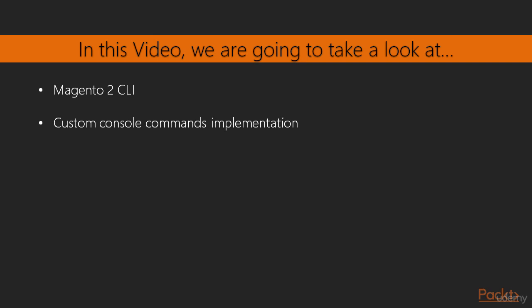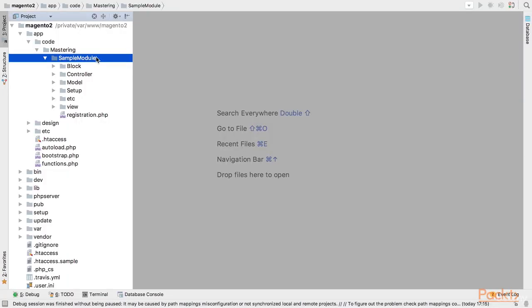In this video we are going to cover the Magento 2 command line interface and custom console commands implementation. So let's create a console command for adding items to our items table.